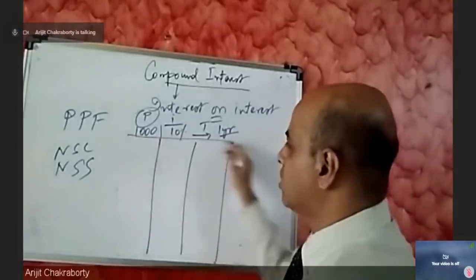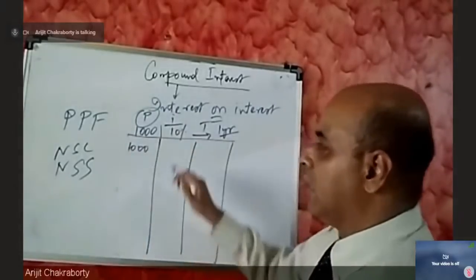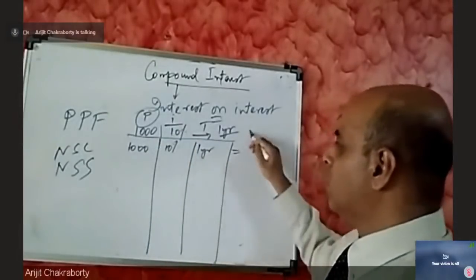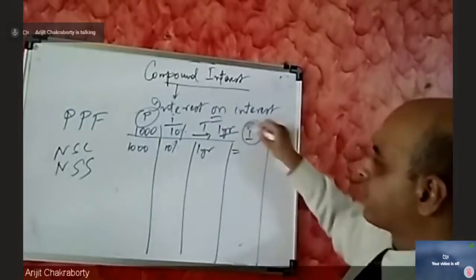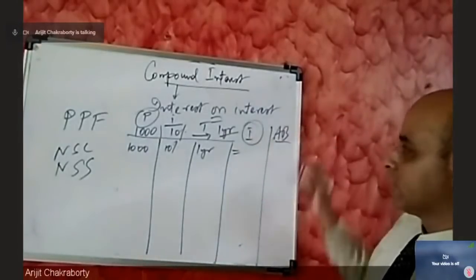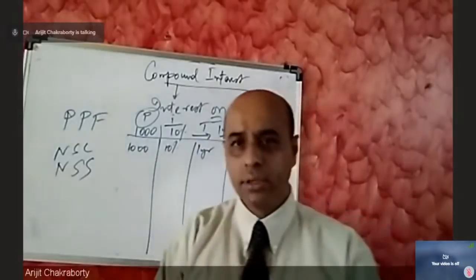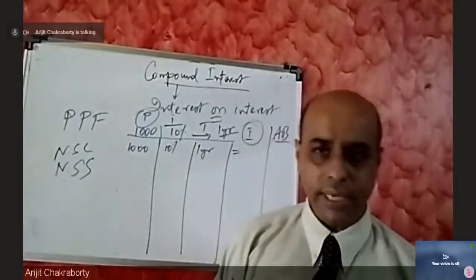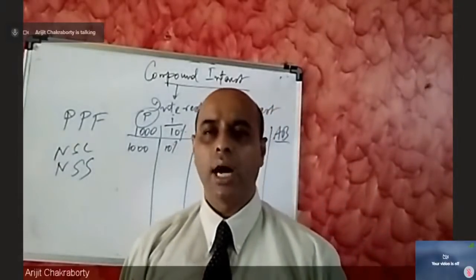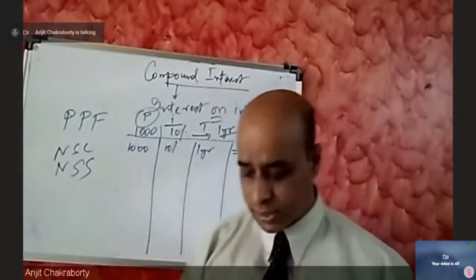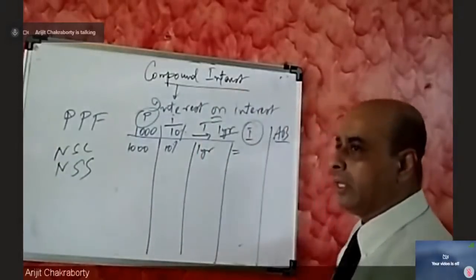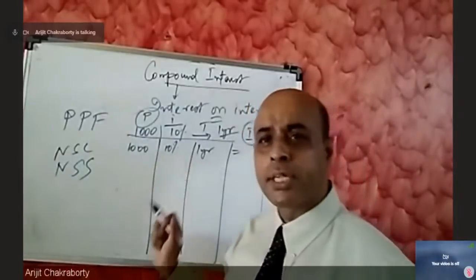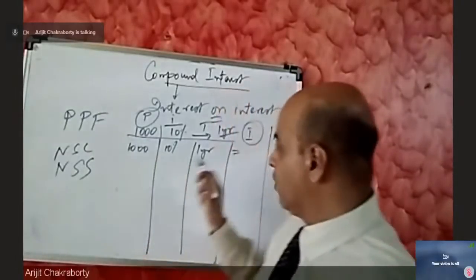So I have got 1000 rupees, interest rate is 10%, 1 year. So how much do I earn? Interest, and what is my accumulated balance? Like in Excel, you are learning about Excel, so Excel sheet. Okay, so let us work out and see what happens to these numbers. Right. So we have 1000 rupees starting, 10% is the interest, 1 year.